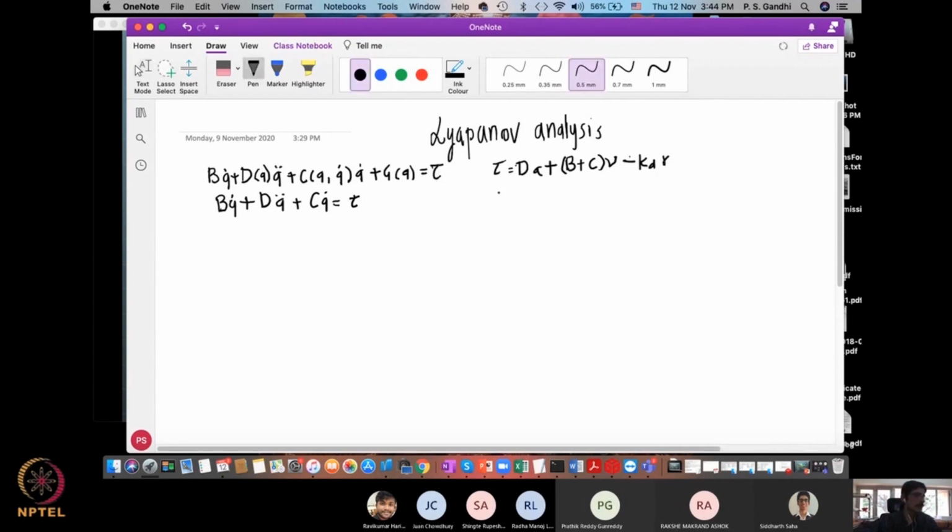If you now see, this A is given as nu dot, and this nu is given as qd dot minus lambda e. Remember, these are all vectors here, and this lambda is a matrix, typically a diagonal and positive definite matrix. So A will be equal to qd double dot minus lambda e dot.